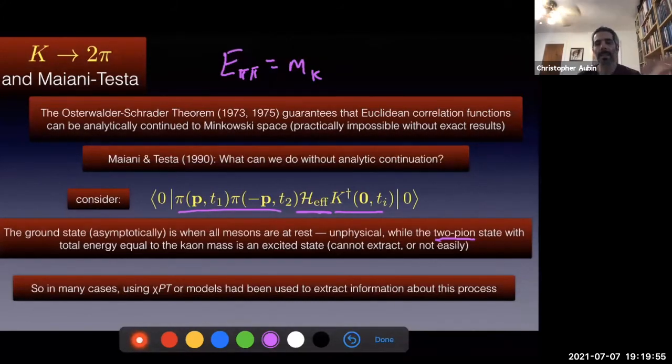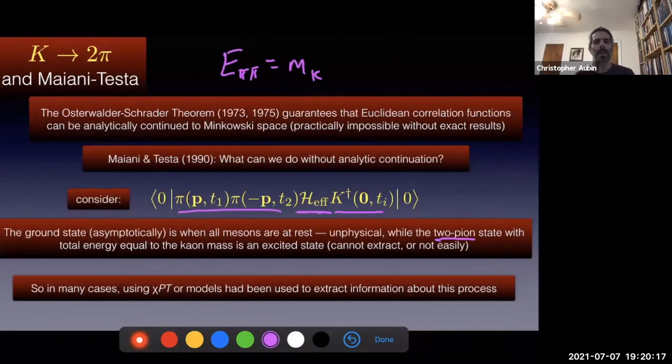But in many cases, in the early days especially, chiral perturbation theory has been used a lot in order to try to extract the k to 2 pi matrix elements from other processes, maybe k to pi. And models, of course, are always used in these processes. But how can we do this on the lattice?